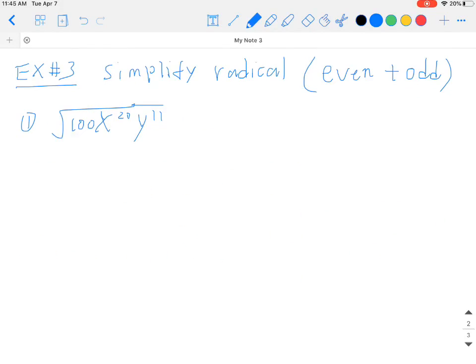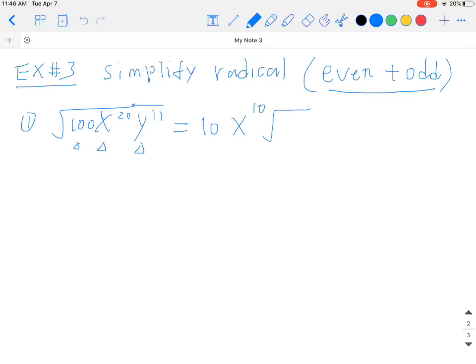When it comes to simplifying the radical, it can be a combination of even and odd exponents. Sometimes we will also have a number like 100, but we can simplify one by one: the number, x and y. First of all, the radical of 100 is 10. The radical of x to the 20 is x to the 10 because we divide 20 by 2.